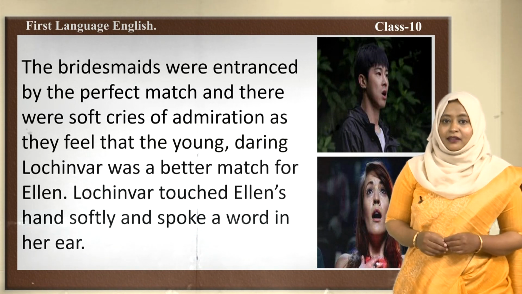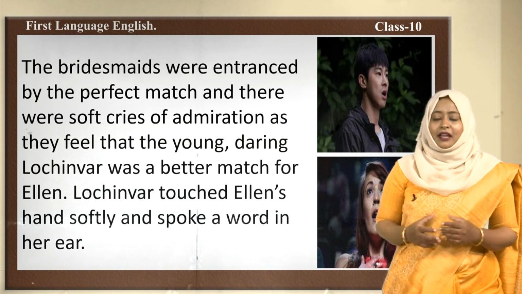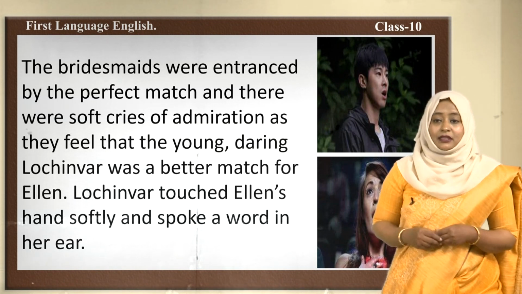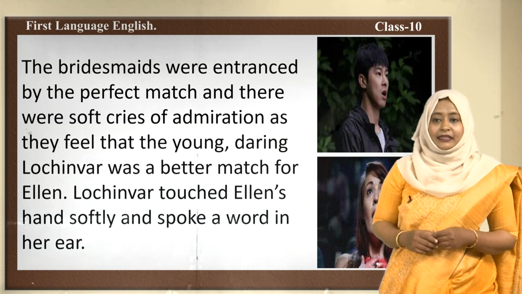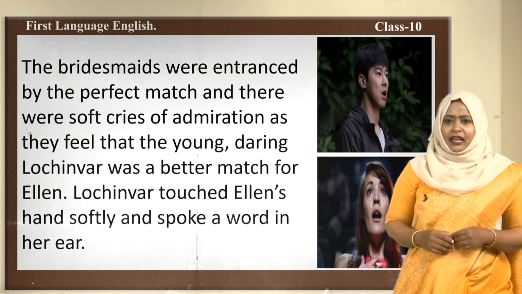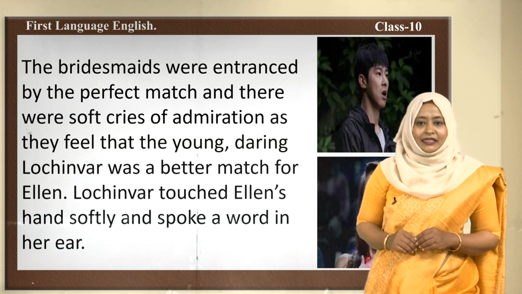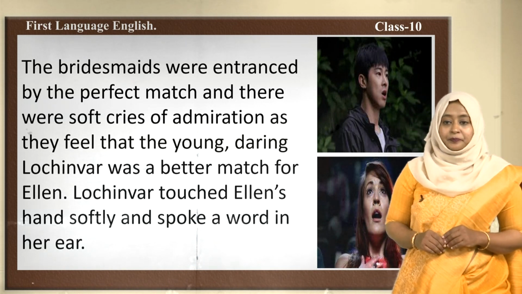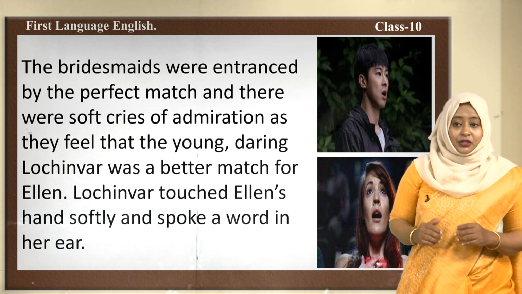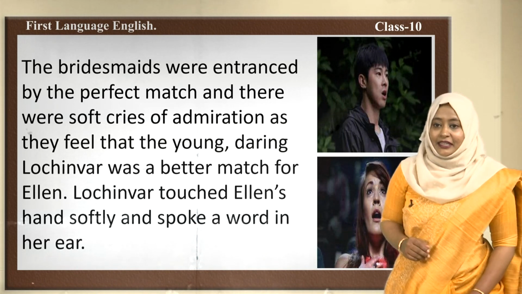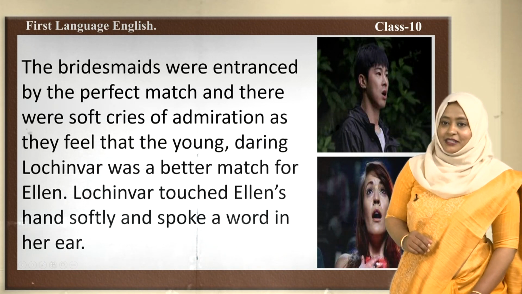The bridesmaids were all entranced, lost in admiring the compatibility of Ellen and Lochinvar. And they were thinking that there can be no perfect match than Ellen and Lochinvar. Lochinvar now touches the hand of Ellen, and he says a word in her ear. So what does he say?